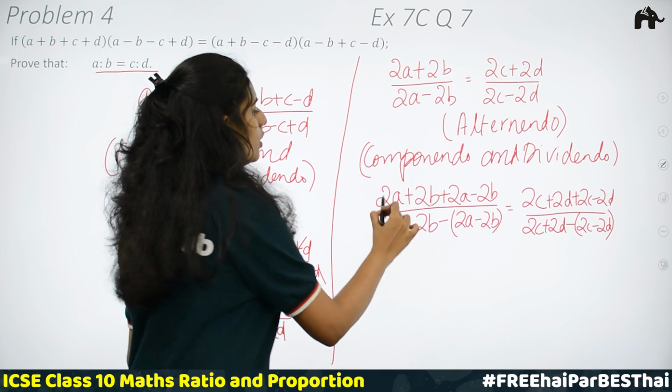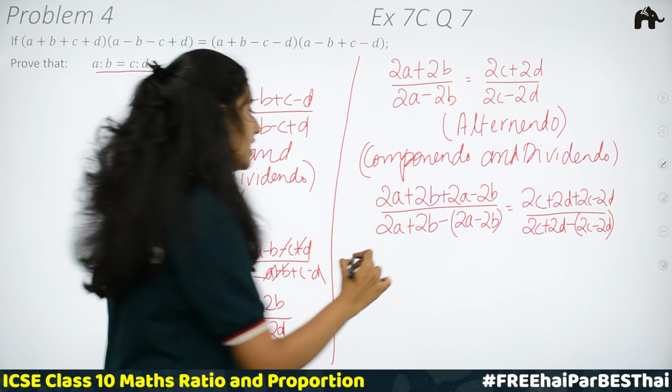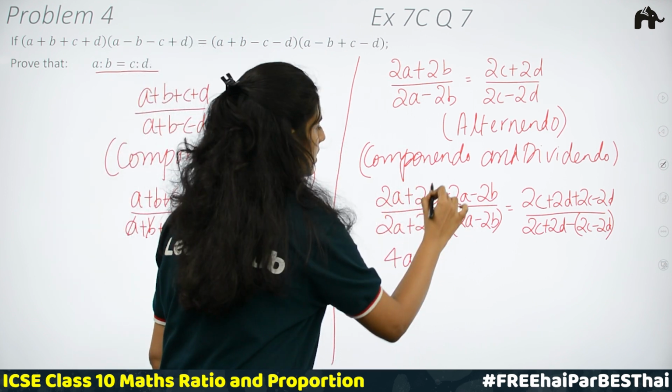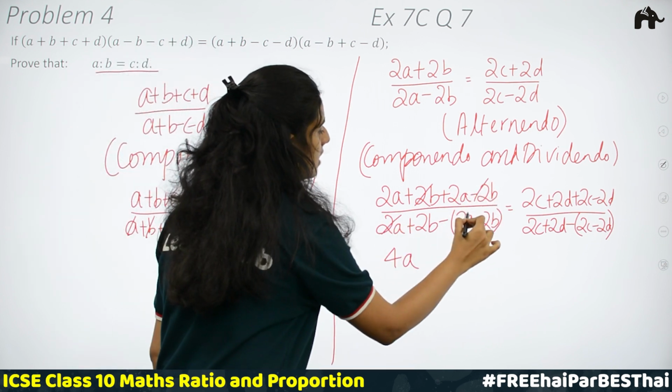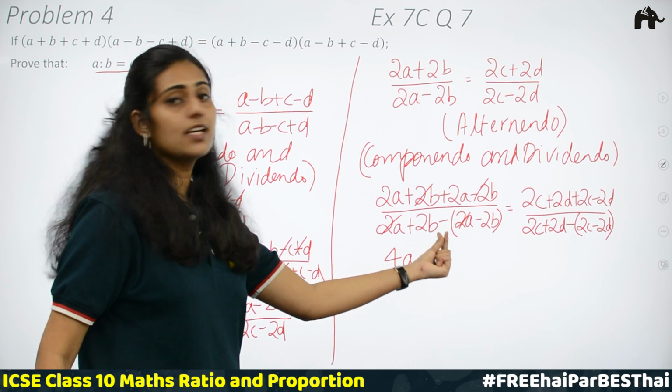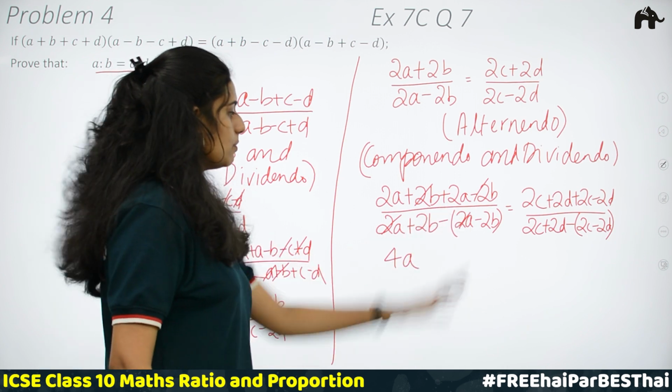Okay, here 2a plus 2a we get 4a. This 2b and minus 2b can be cancelled. Here 2a and this 2a can be cancelled. This is negative 2a when you remove the brackets.